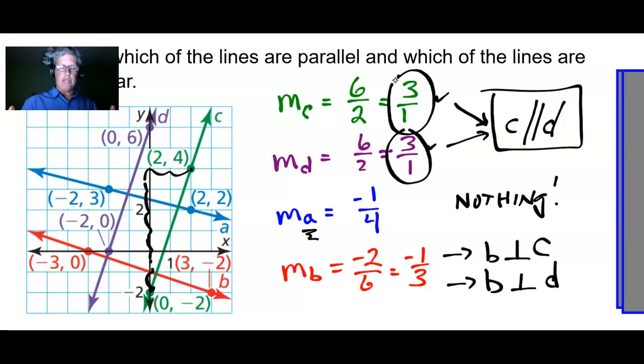So if they have that relationship, they are perpendicular. So I'd say line B is perpendicular to C, and line B is perpendicular to D. So what we know here is this is 90 degrees and this is 90 degrees. Awesome.